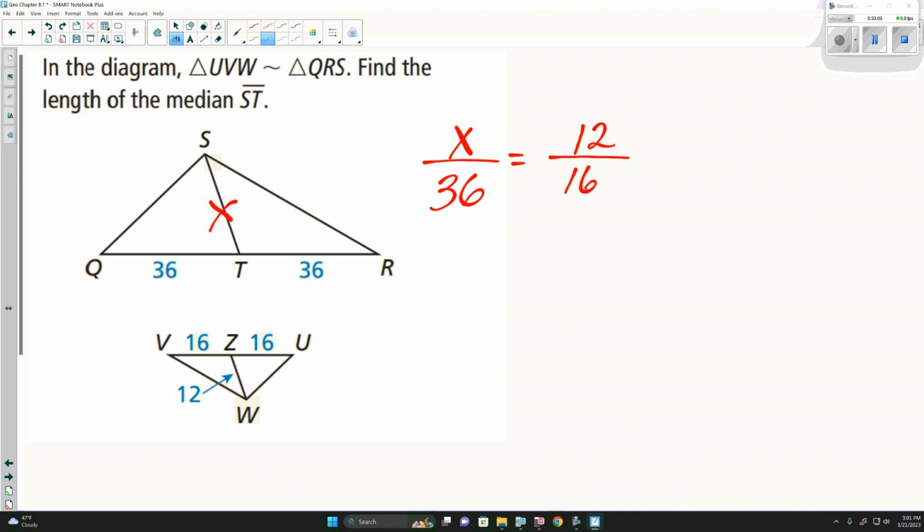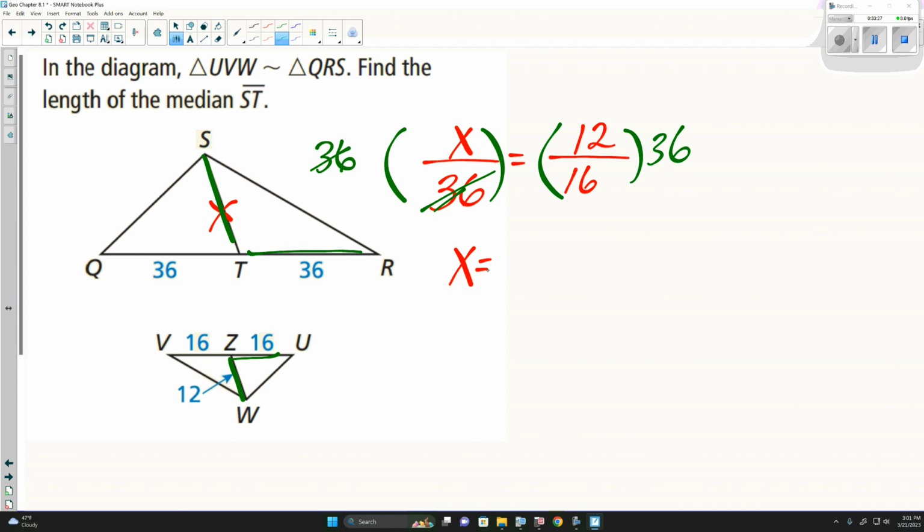Now we'll see here, I kind of switched the setup because I said the median over its side length is equal to the median over its side length. Now let's see if we get the same thing, because here if I multiply both sides by 36 to get x by itself, these again would cancel.